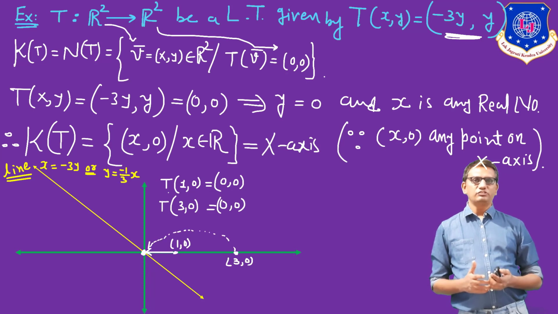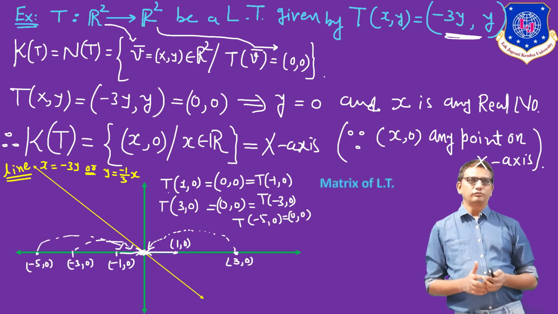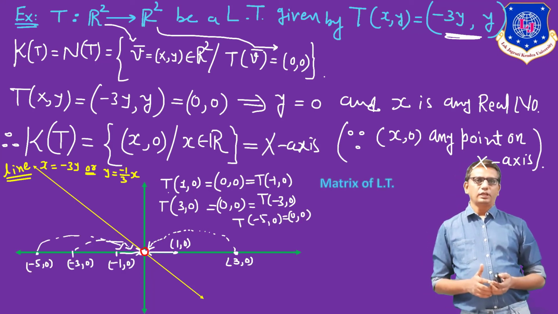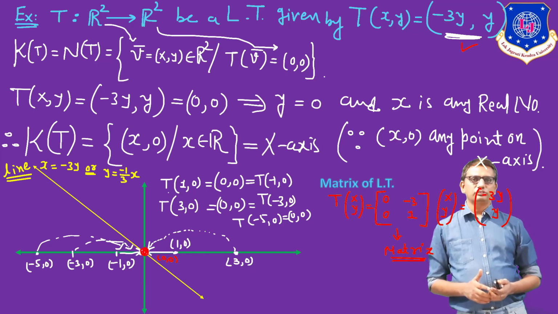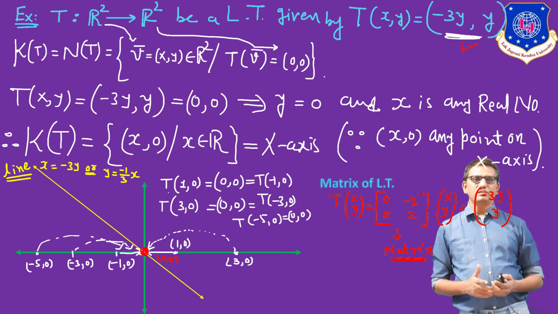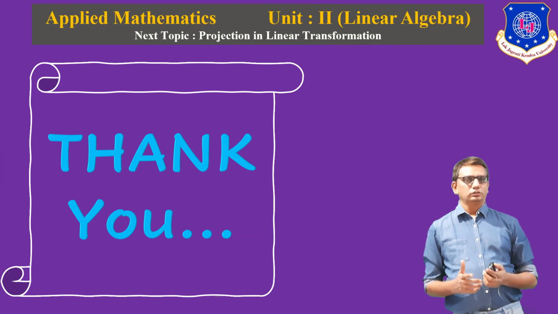Any other point (3, 0), its answer is also (0, 0) under this mapping. The matrix of the linear transformation is [0, -3; 0, 1], and its answer is (-3y, y). So that is our concept of kernel.